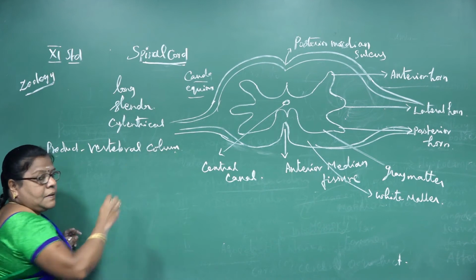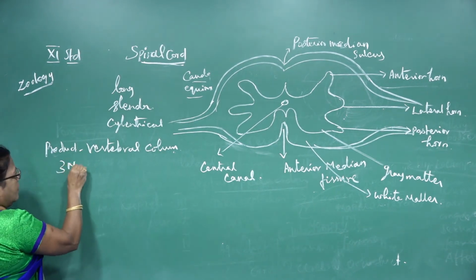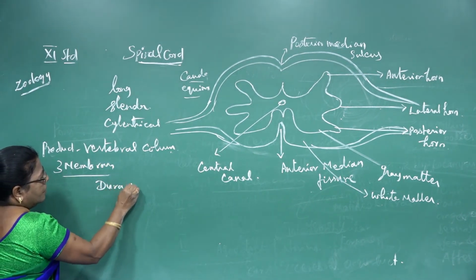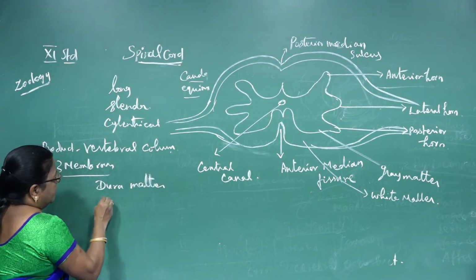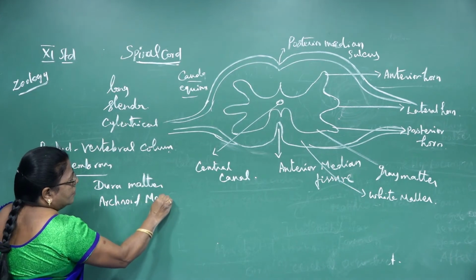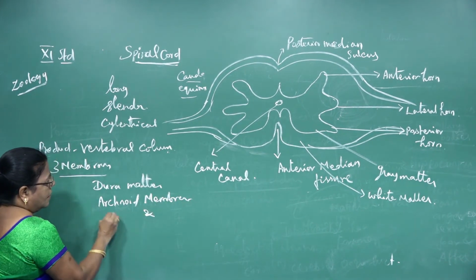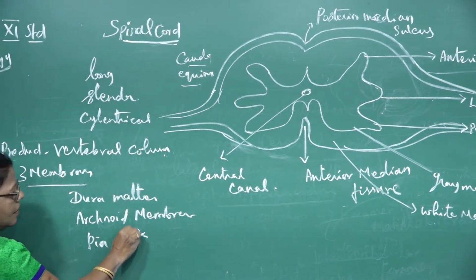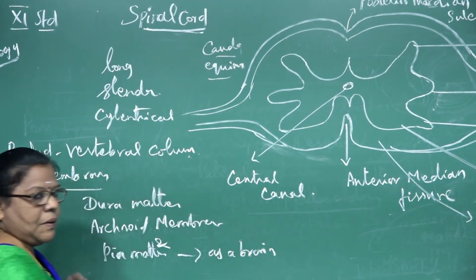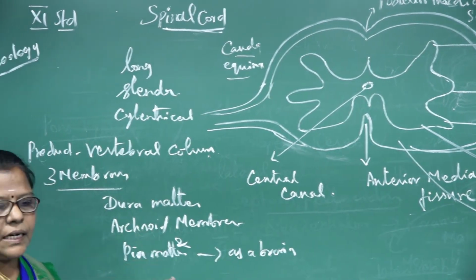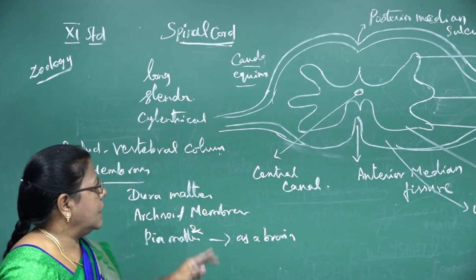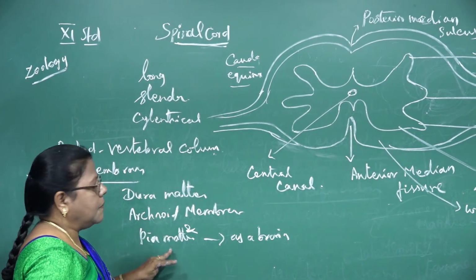It is covered by three membranes: dura mater, arachnoid membrane, and pia mater. Like the brain, which is also covered by three membranes, the spinal cord is covered by dura mater, arachnoid membrane and pia mater.